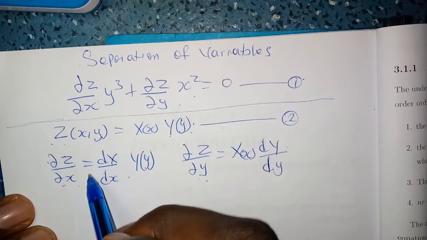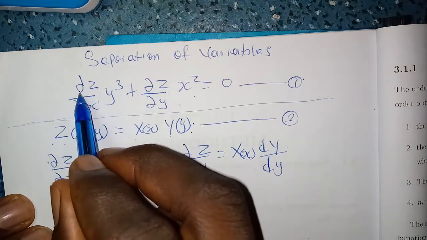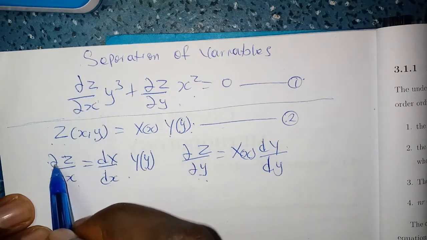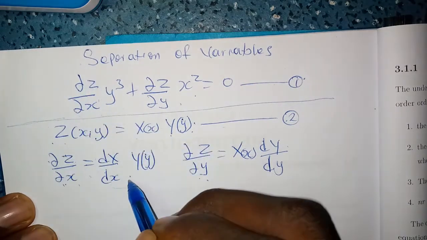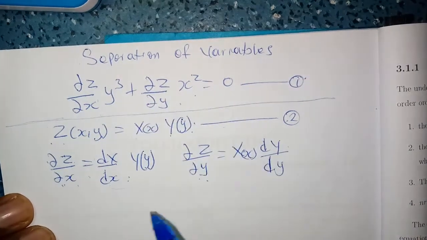So now we substitute this with this partial z partial x. Partial z partial x is equals to this. So we substitute this one with this one, this one with this one, with this one.